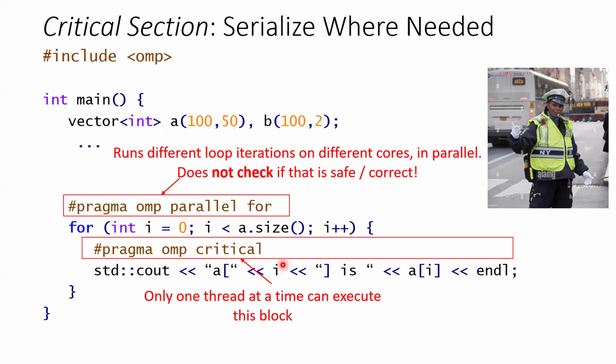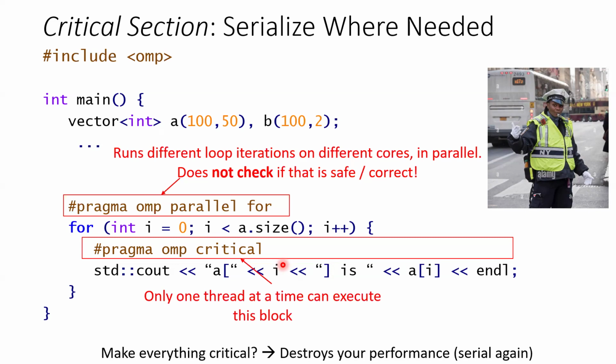And when it finishes, it releases that lock and the lock can be grabbed by another thread. So this will make the program slower. Making everything critical means that you are doing serial programming again. You're not benefiting anything from multi-threading.